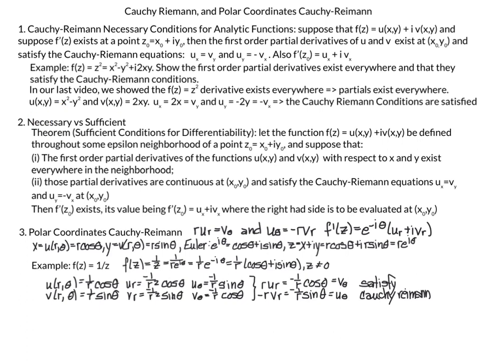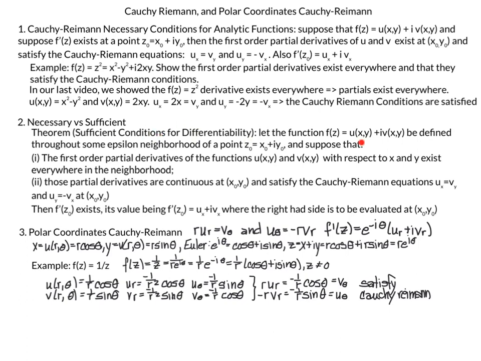Next, we will finally get to a sufficient condition for differentiability, or a sufficient condition for analytic functions. So if we have our function f(z) written as u plus iv, and we say this function is defined through some epsilon neighborhood of a point z naught.